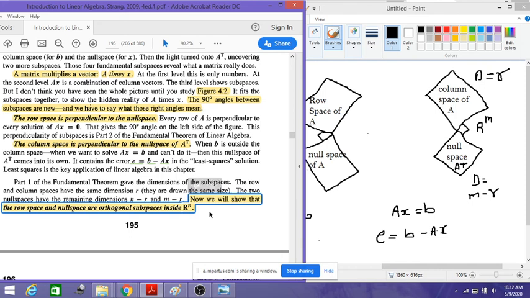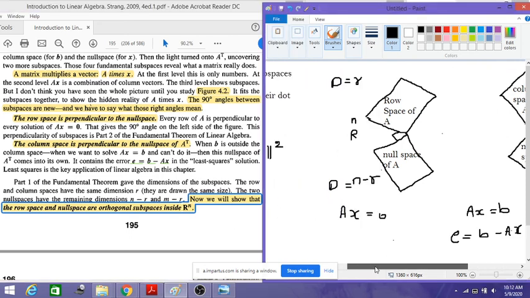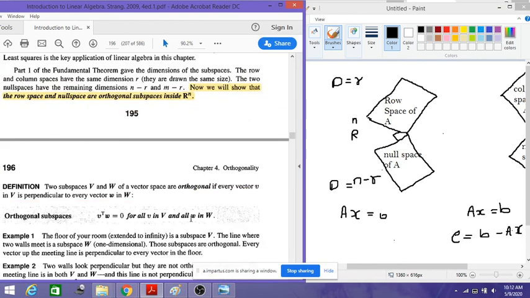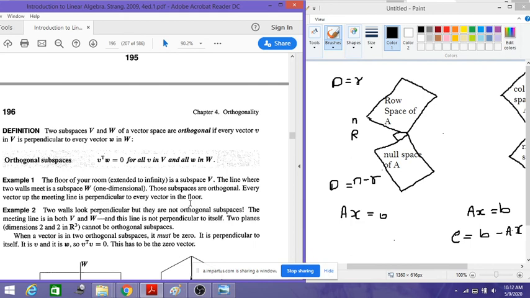So now the row space and the null space are orthogonal subspaces inside R power n. So what is the subspace here? Both the row space and the null space are in a subspace inside R power n. So let us look into the deeper definition here.